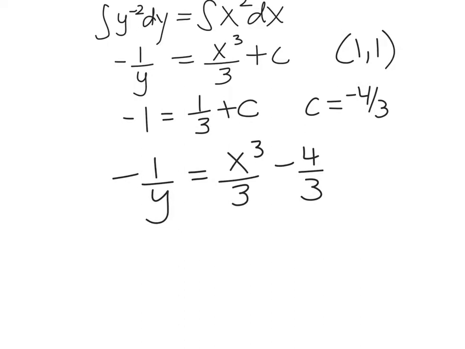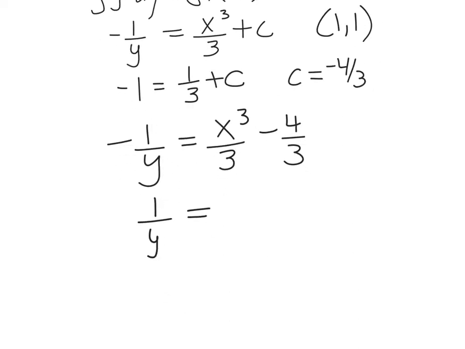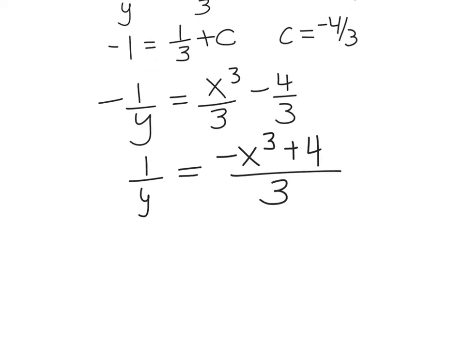So let's multiply both sides by negative 1 so we can at least get rid of that. So we have 1 over y equals, and did you see this? You could actually put a negative x cubed plus 4, and all of that is over 3. Are you okay with that step? Just multiplied both sides by negative 1, and now we have to solve for y.